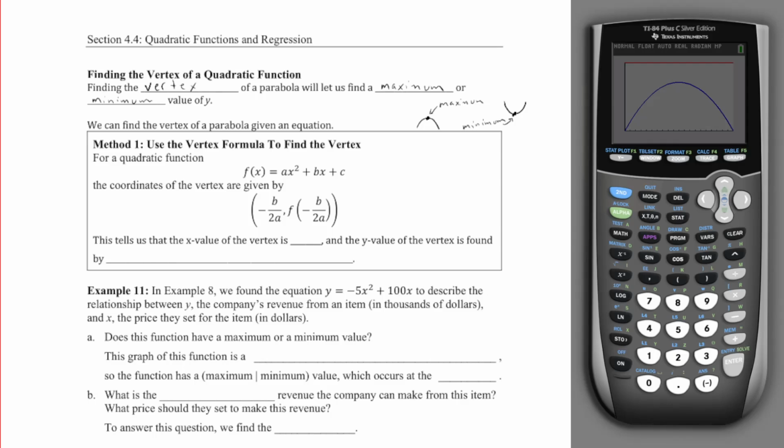So how can we find the vertex? We have a way to do it by hand, and we have a way to do it on the calculator. To do it by hand, we have a formula for the vertex.